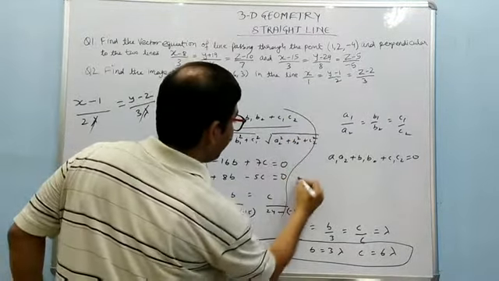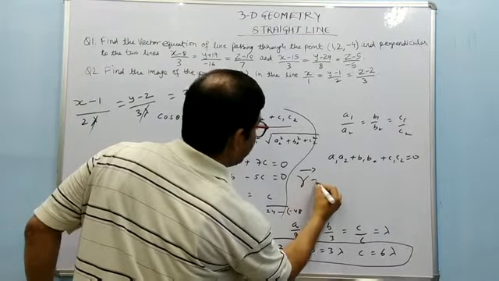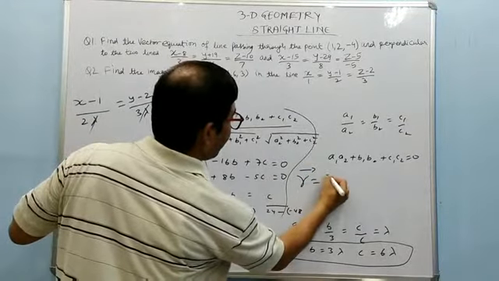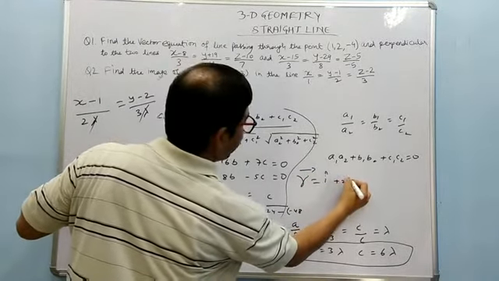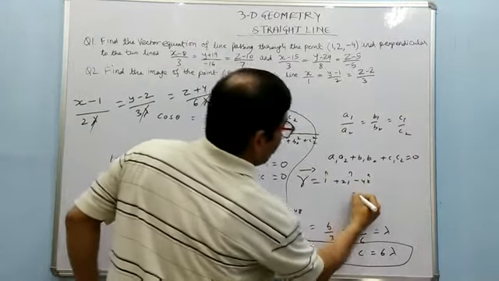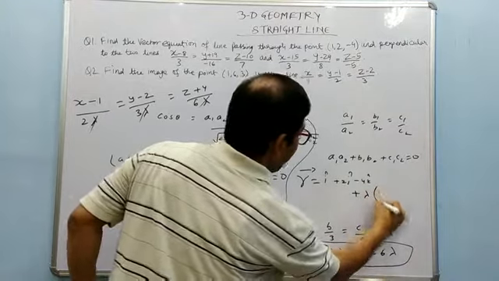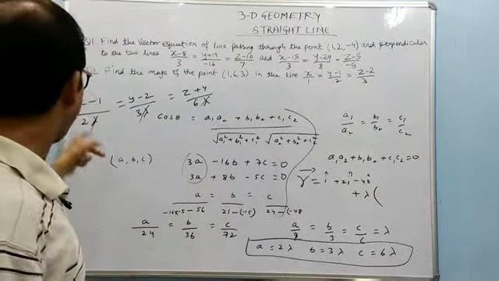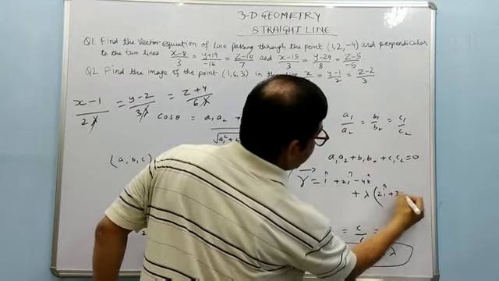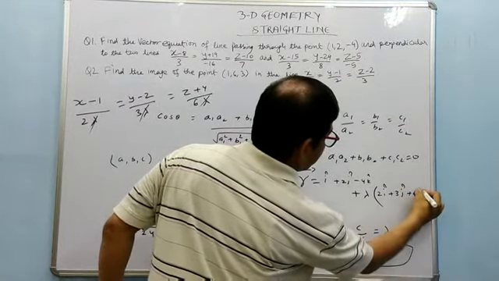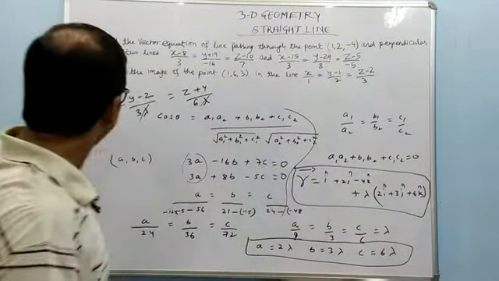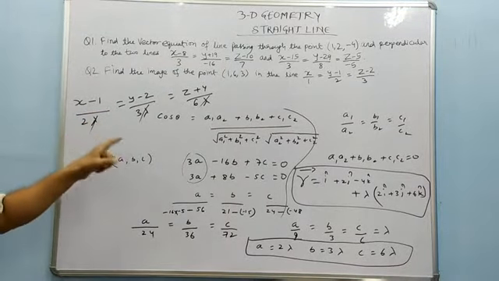You just see here, we can write vector r is equal to A, passing through the point 1i plus 2j minus 4k, plus lambda times the vector to which it is parallel, 2i plus 3j plus 6k. So this is the vector equation of the required line and this is the Cartesian equation of the required line.